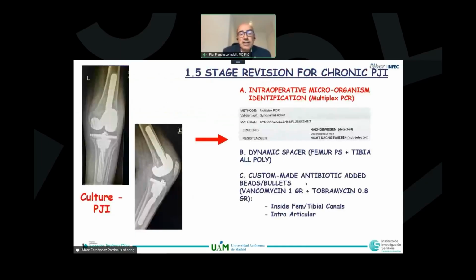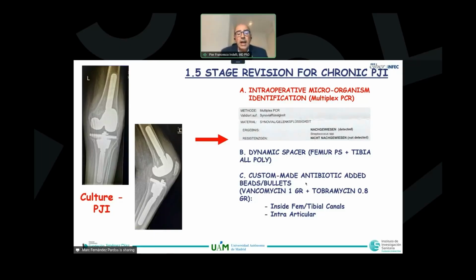And you can use the same approach for culture negative PJI. Dr. Esteban just showed the growing incidence of culture negative PJI. Sometimes we use this surgical approach, which is called the 1.5 stage revision. So this was a culture negative PJI. We were able, thanks to the JI panel, to identify intraoperatively the microorganism, which was a streptococcus.